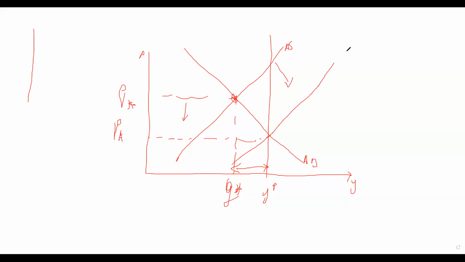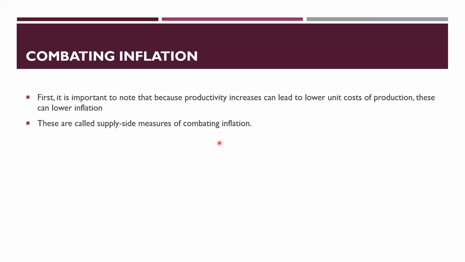So this is a supply side policy that I'm just illustrating here, because increases in productivity would result in lowering production costs, increasing output that can be produced in the economy using the same resources, increasing output but lowering inflation. I was just illustrating how it works, and I hope this can help you in understanding what is happening. So we are saying these are supply side policy measures.